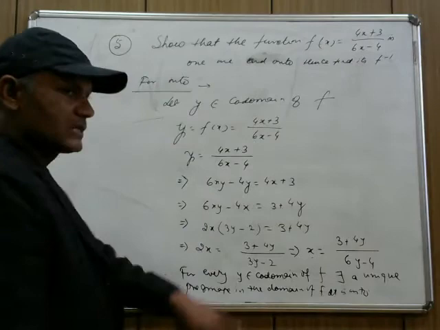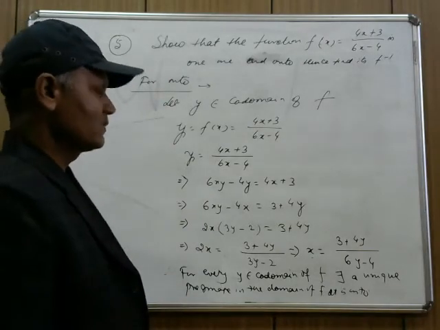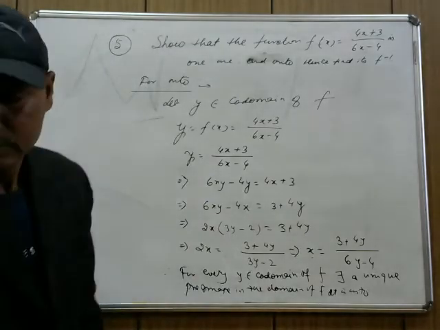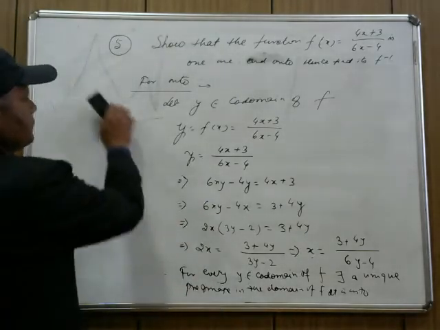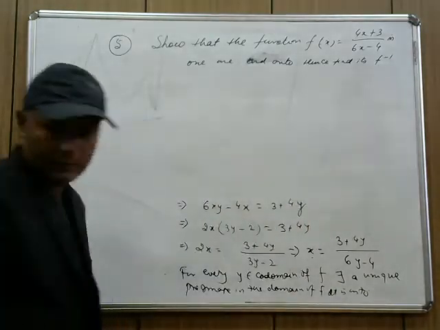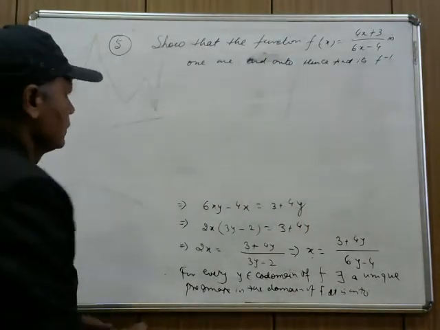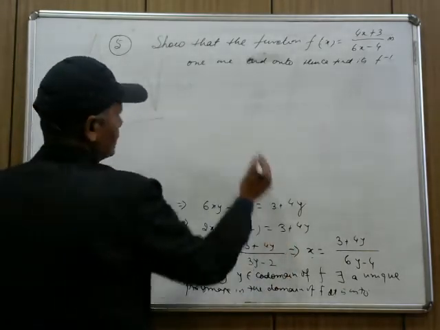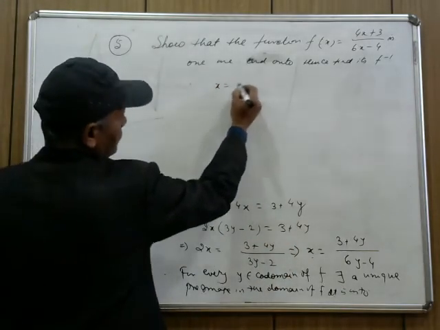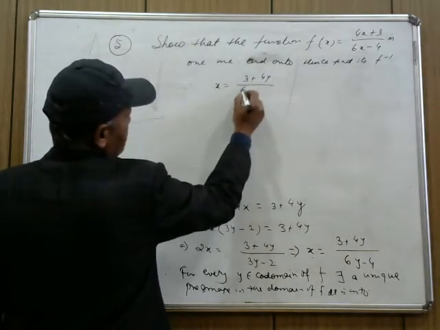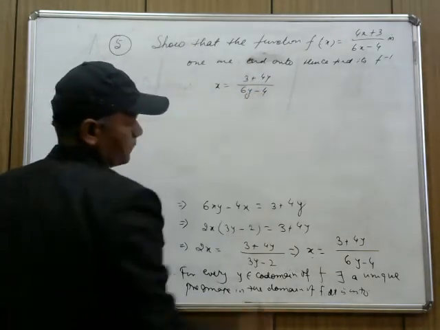Now its inverse function: x is equal to (3 + 4y)/(6y - 4).